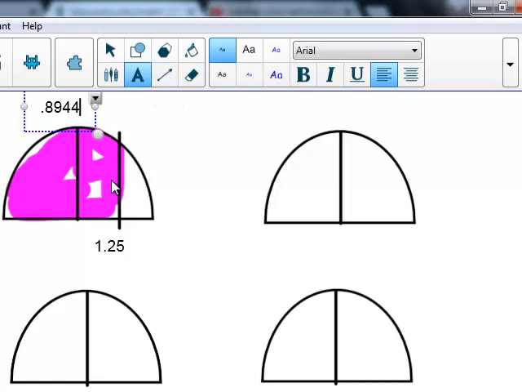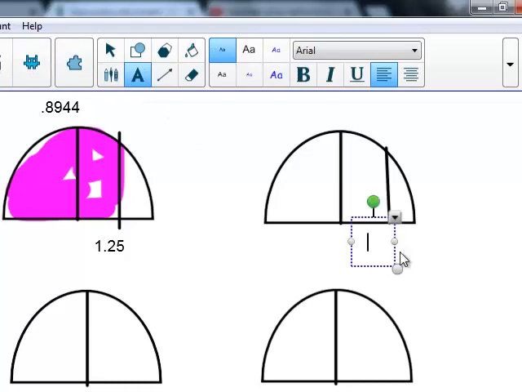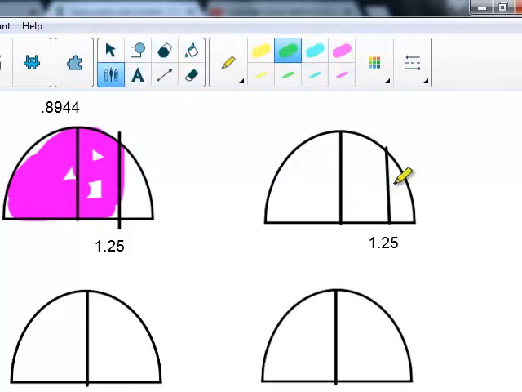Okay. Now, we don't always look for the area to the left. Sometimes we look for the area to the right. And when that happens, let's say that we have our same value, 1.25, and we're not looking for the area to the left, we are now looking for the area to the right. So we're looking for this little small piece here. And what would that piece be?